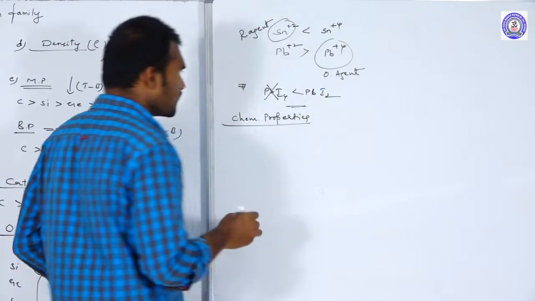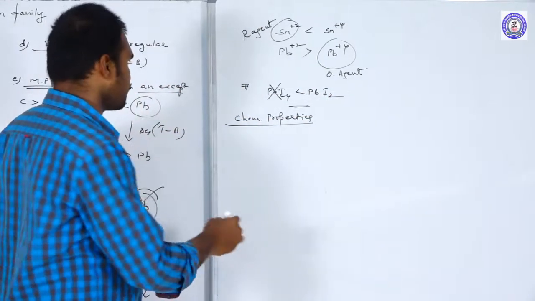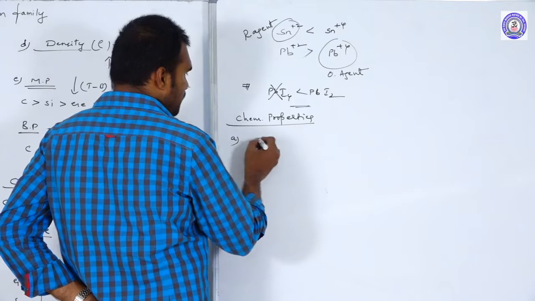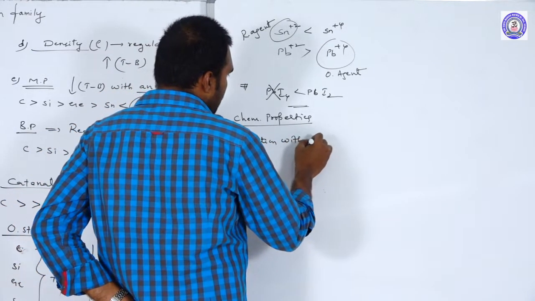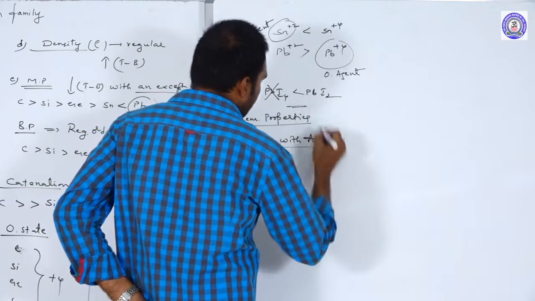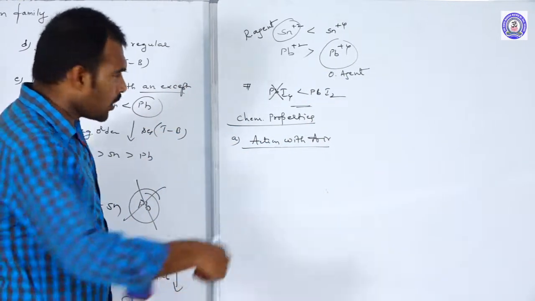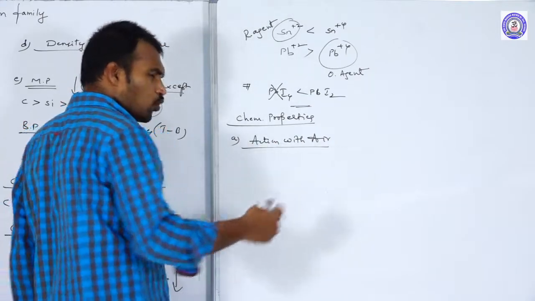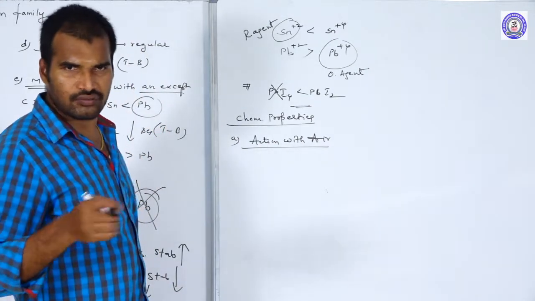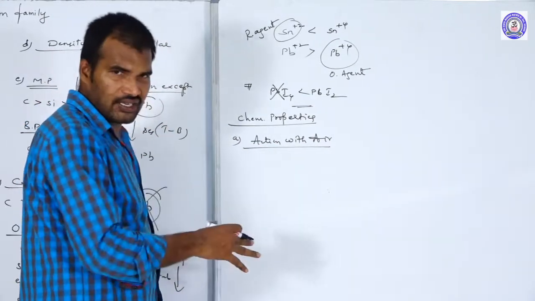Let us move to the chemical properties of these group 14 elements. In the chemical properties, the first one is action with air. Action with air means, in the air the active components are oxygen and nitrogen; the nitrogen will not react in most cases.